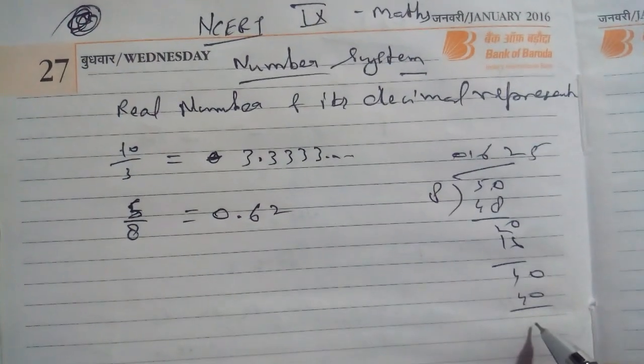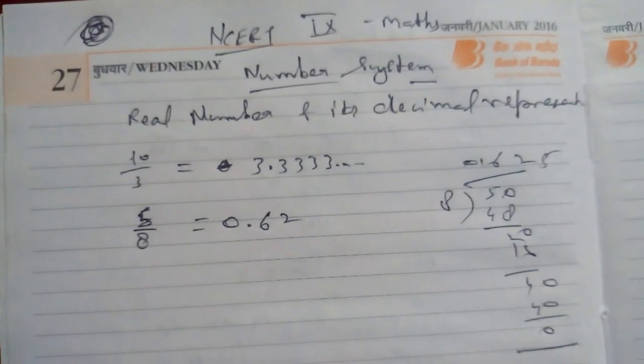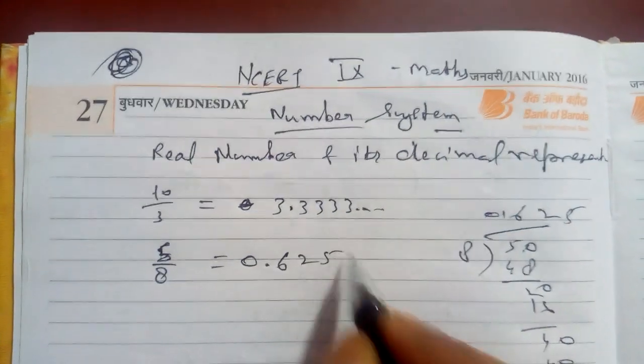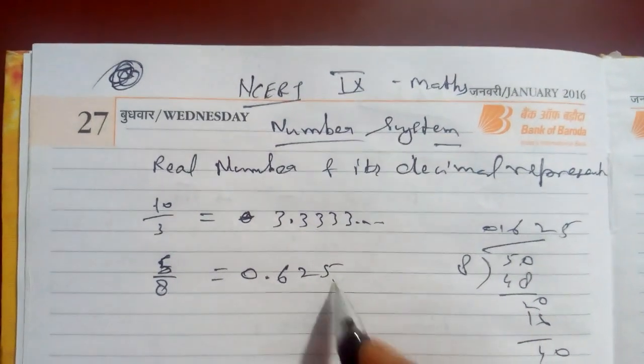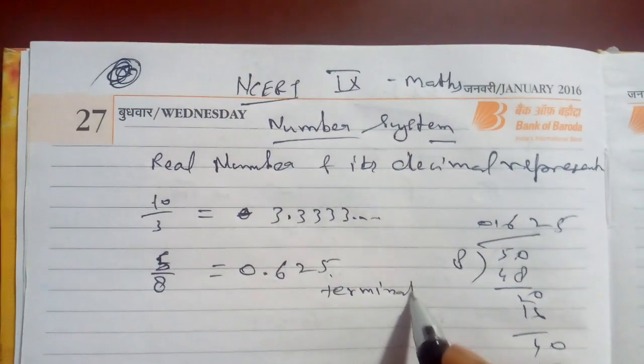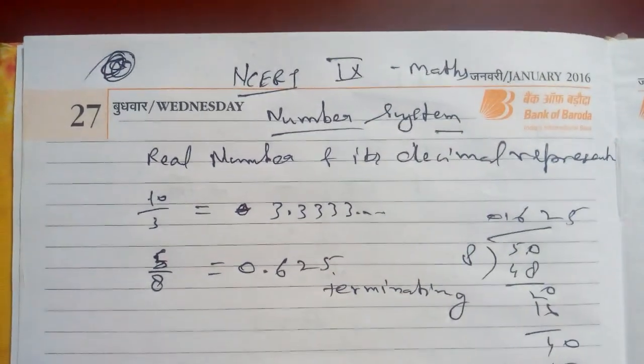You are getting remainder 0, so the quotient is 0.625. It terminates, meaning the remainder is 0, so it is called a terminating decimal.